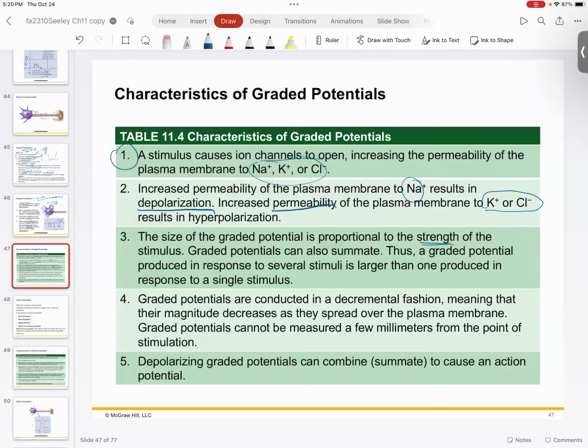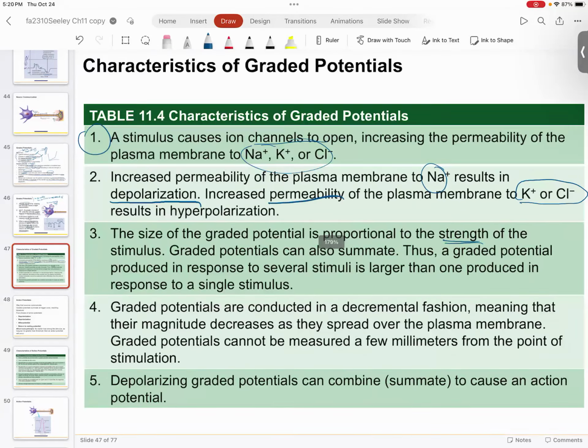This is one of the ways that you can interpret the nature of the signal, by basically adjusting your inrush, in this particular case of sodium, to be directly proportional to the gravity, if you will, of the strength of the stimulus itself. And so a very light stimulus will give you a very mild graded potential, which would have one particular consequence.